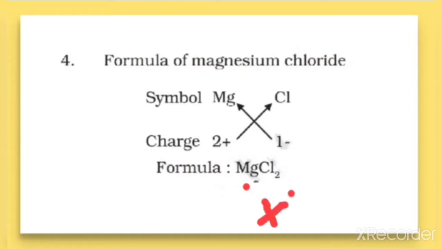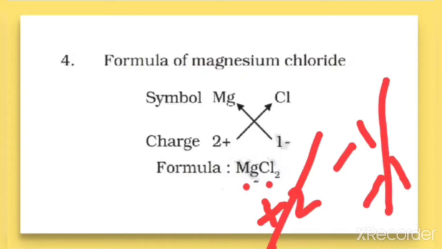The 2 positive charge of magnesium, and for 1 chloride ion, the charge is 1 negative. There are 2 chloride ions, so there is 2 negative. So 2 positive and 2 negative get cancelled, and the overall charge is 0. That is called balancing of the charge, as the first rule says.